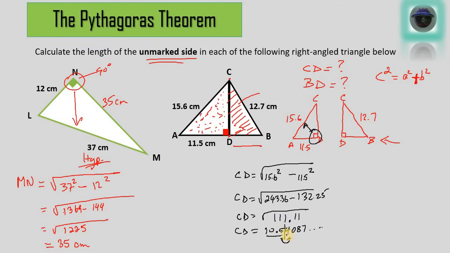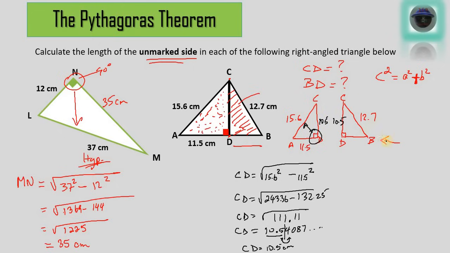Should I add it? No, because the very next digit is actually less than a 5. So it's going to be 10.5. So CD is equal to 10.5 centimeters. So we have found CD, which is 10.5. It's 10.5 here as well, because same length, CD.